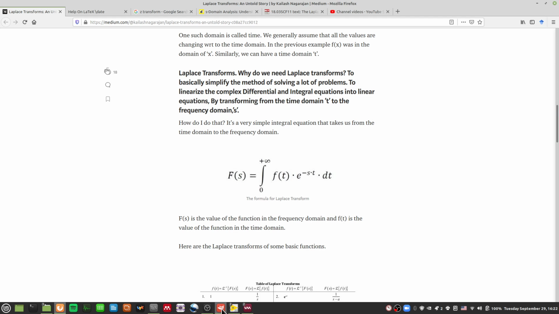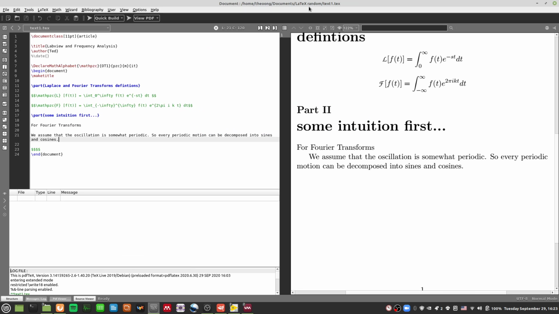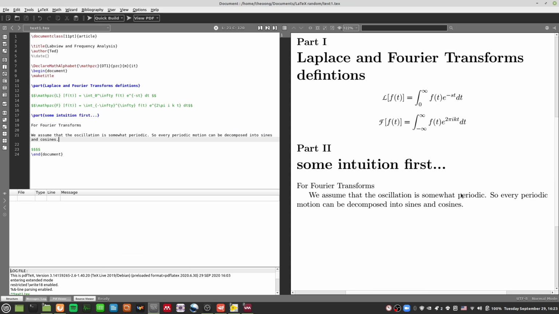But how does this relate to the frequencies, and where do the frequencies and the exponential parts come in? It's very hard to see just from this s. You can just do the integration, but you don't really know what s means.